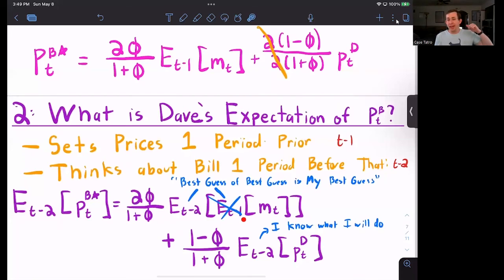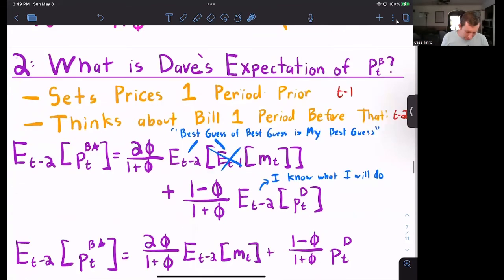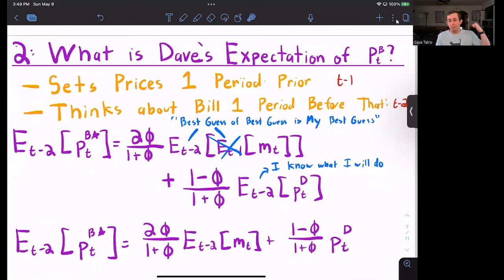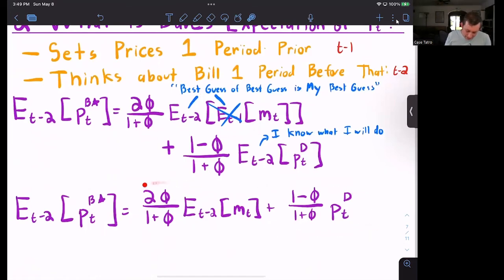Well, my best forecast 2 days ago of my best forecast yesterday of the temperature today is really just my best guess 2 days ago of the temperature today. If I predicted myself to be wrong, it's not a best guess. So I can really just take out this E_{t-1} and keep this E_{t-2}. So now I have that the expected value 2 periods ago of Bill's optimal price today is just going to be this guy right here, after a little bit of algebraic manipulation.